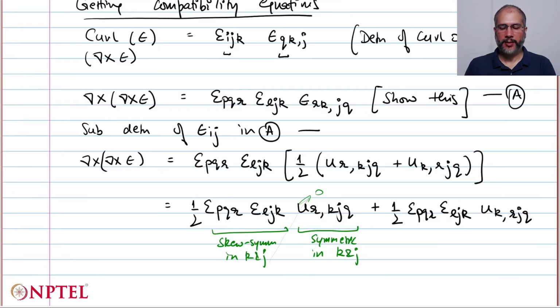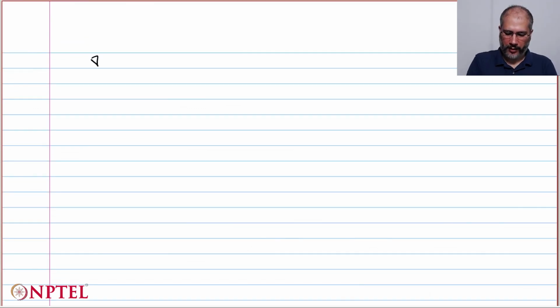And similarly, in the second term, we have indices r and q. So the derivative of u term in the second mathematical term is symmetric in r and q, and we have an r and q here in the epsilon, so this is skew symmetric. So this again goes to 0 by the same logic. We have shown that the curl of strain tensor epsilon is a 0. And that basically is a relationship between the different terms of epsilon.